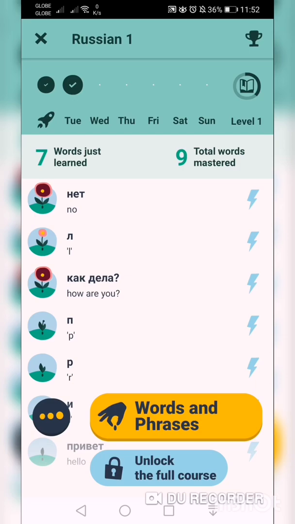Reading is a first step. Once we've learned all of the alphabet characters and the sounds that they make, we are now able to read and possibly even write our own names in Russian. So look forward to that.